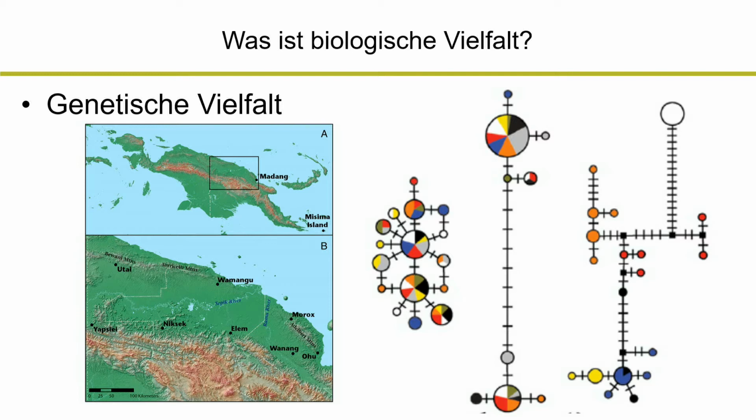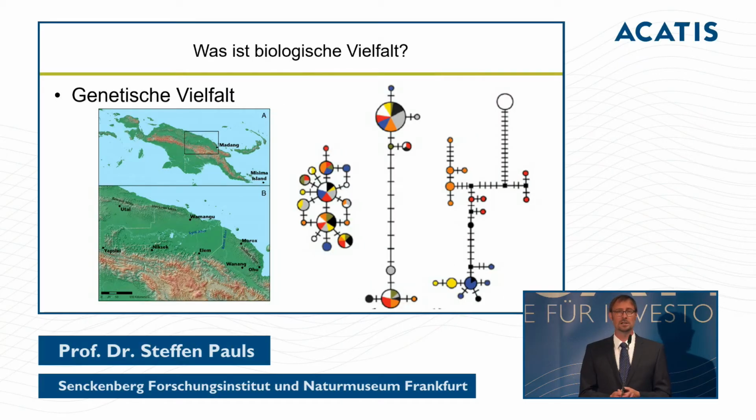So each part is a genetic variety, and there you see the type of variants and how different they are, and it shows you from which part of these forests these variants come.